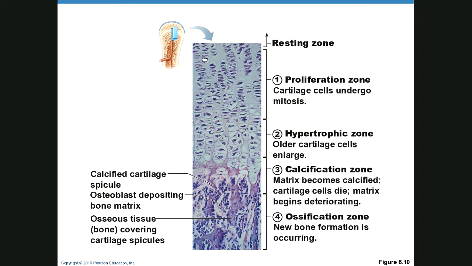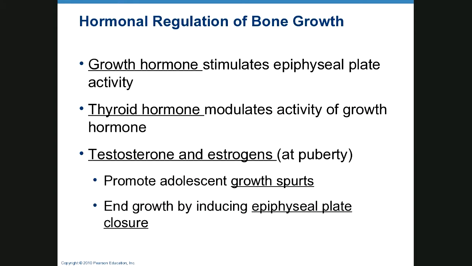You have a cartilage resting zone, then a proliferation stage. Then if you look at these cells, they are starting to get bigger, or hypertrophy. Then they start to die and they become calcified. And then you get true bone formed here. So that's the ossification zone.